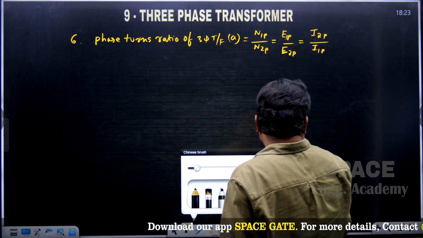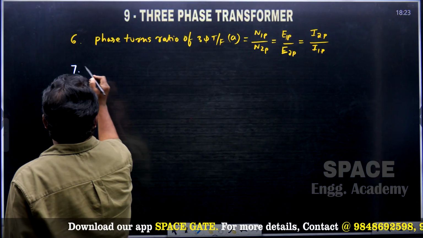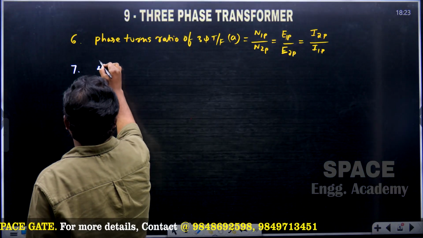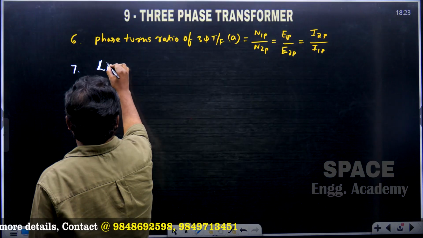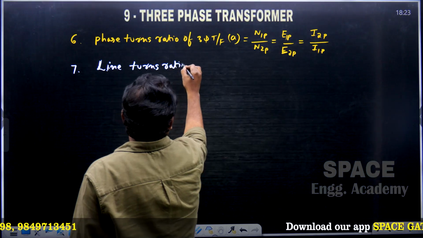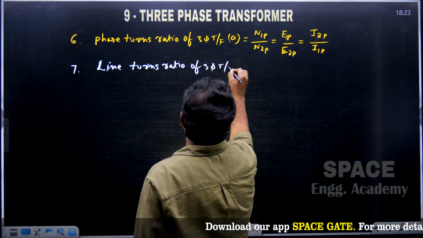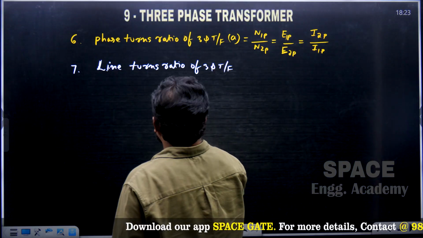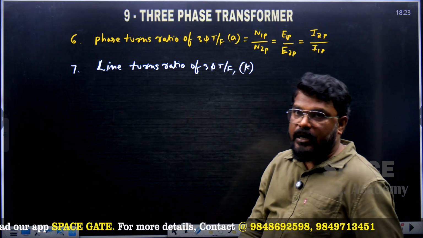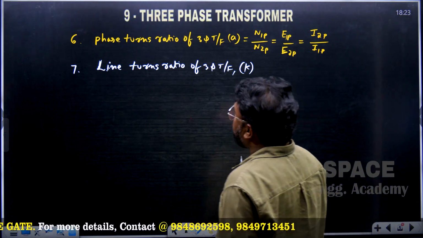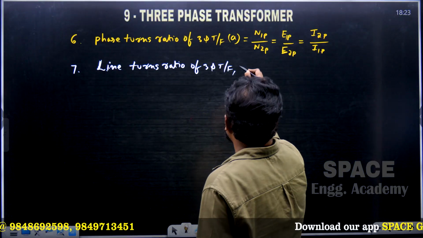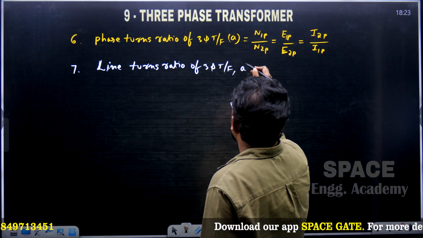And the next possibility of the question, the seventh one, is the line turns ratio of the three-phase transformer. How do we calculate the line turns ratio? Suppose it is denoted by A dash.